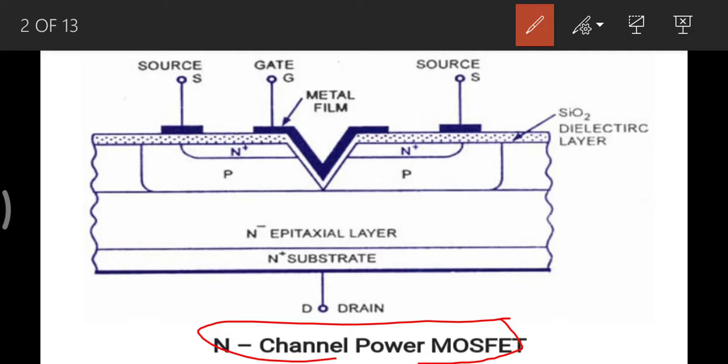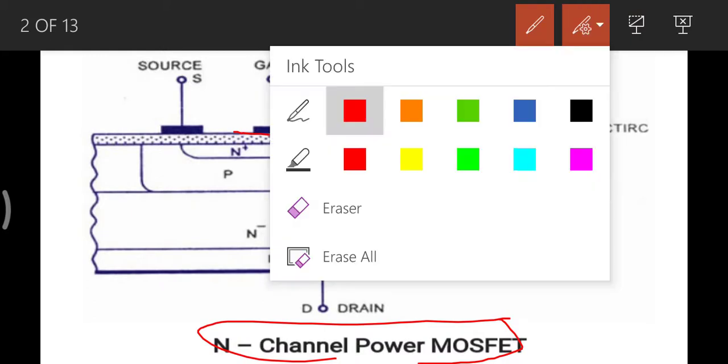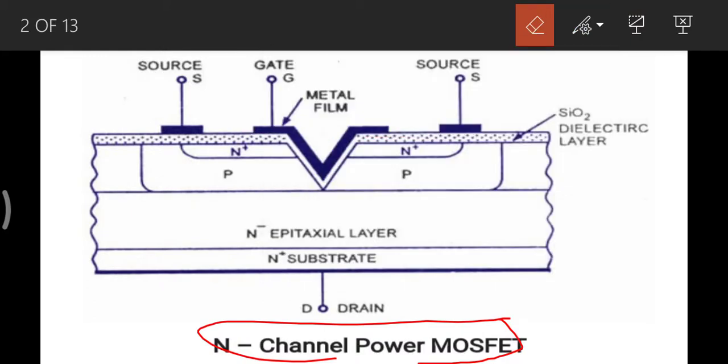So here the basic difference is, in a normal MOSFET this V section is not present, but in a power MOSFET this V section is present. So this is the basic structure of the MOSFET.